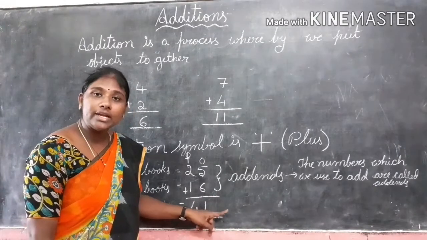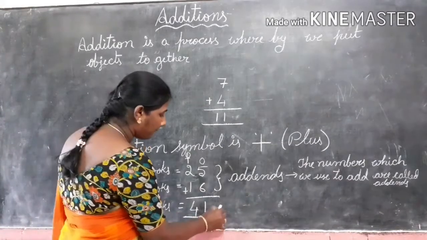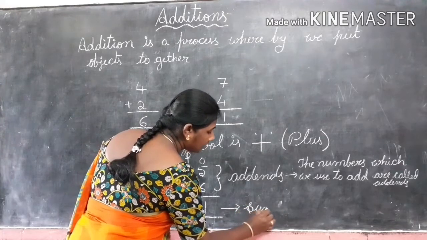The answer we get after adding the numbers is called sum. How will we get this one?